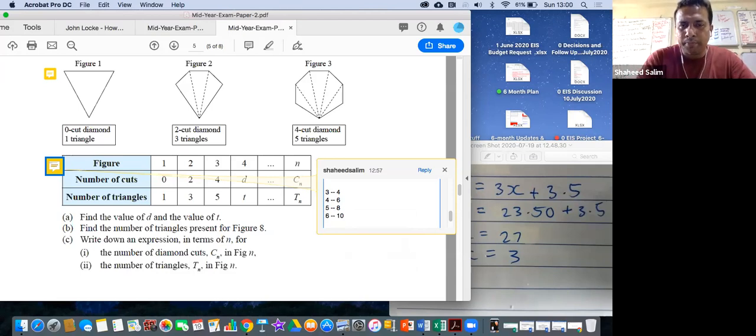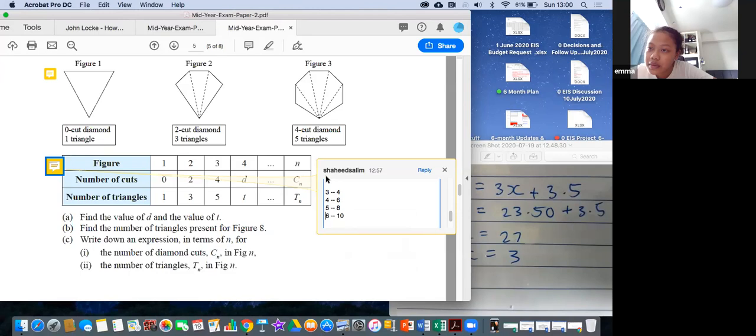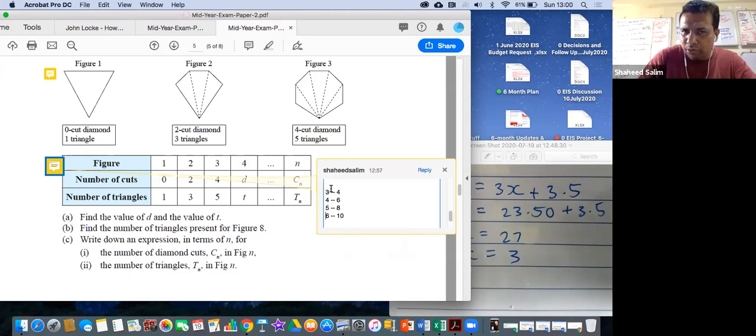Can you see any relationship now? Can you see it? +2, okay, that's plus. Between 3 and 4, can you see any relationship? Between 4 and 6, any relationship? 5 and 8, any relationship? Actually, you have to look carefully, you can find the relationship, you know.